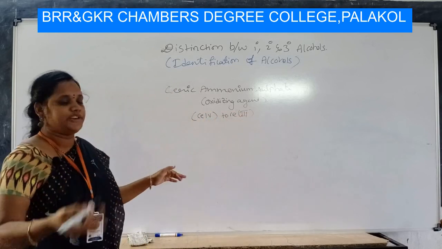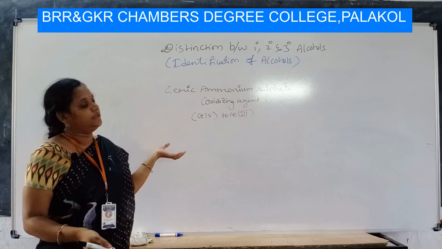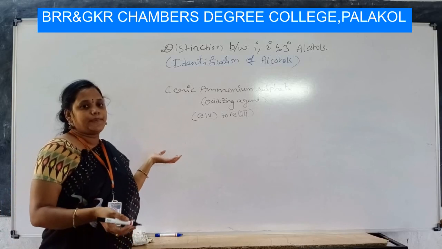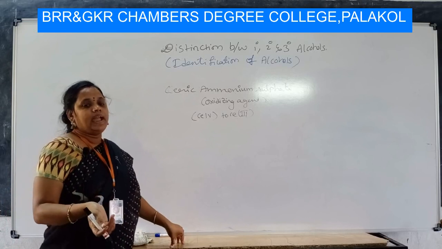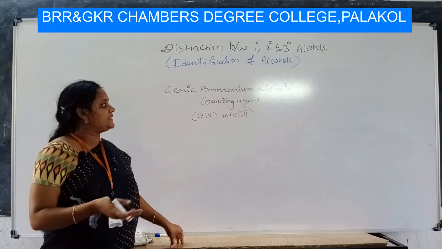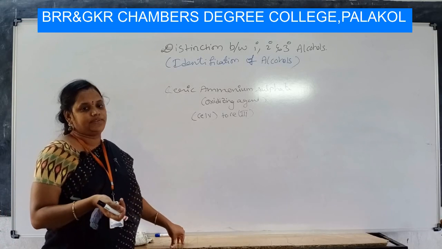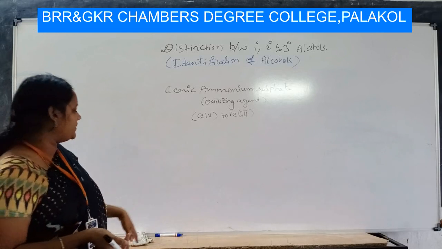So, primary and secondary alcohols form aldehydes and ketones, and with 2,4 DNP reagent they give orange color, whereas tertiary alcohols do not react with this. In this way we can also use ceric ammonium sulfate.